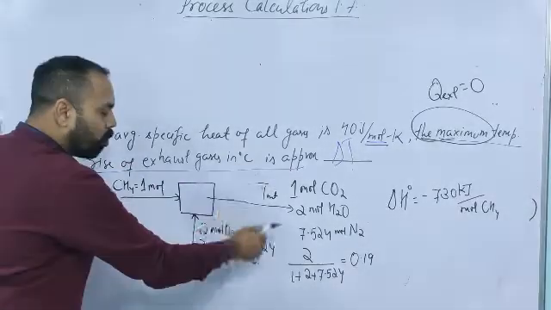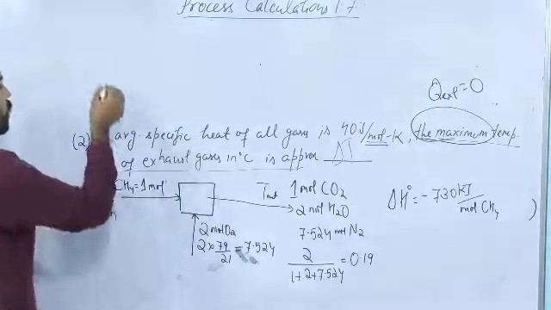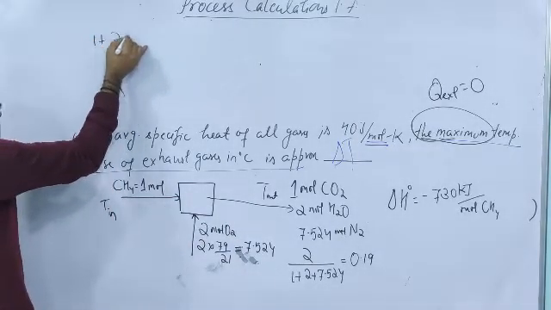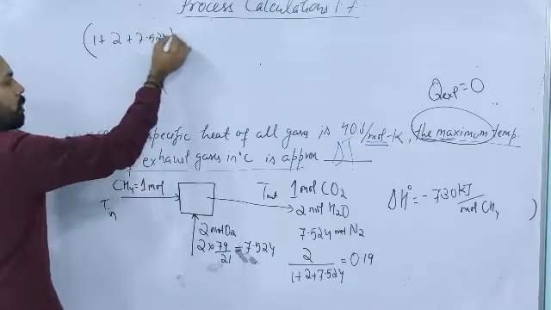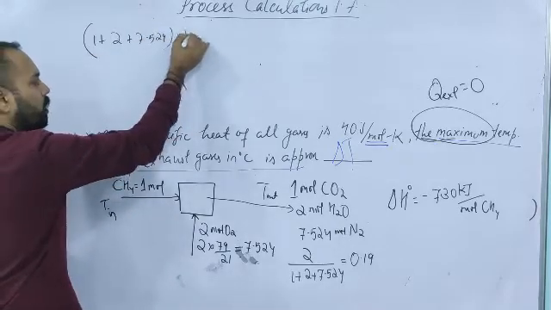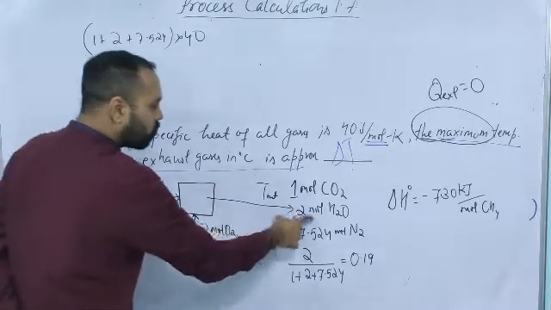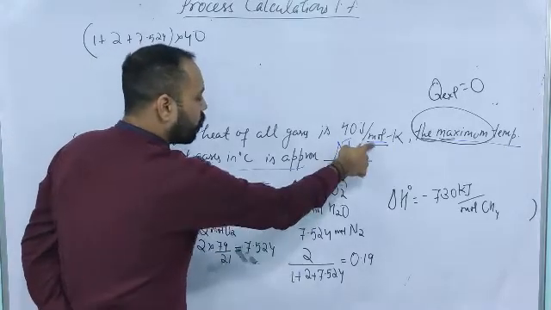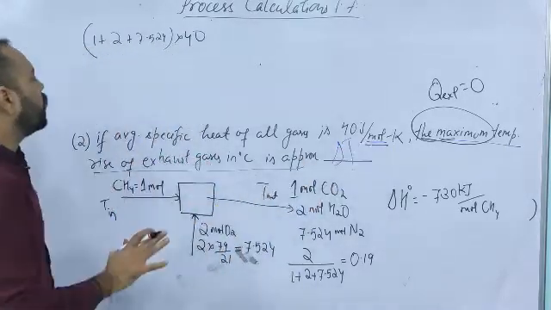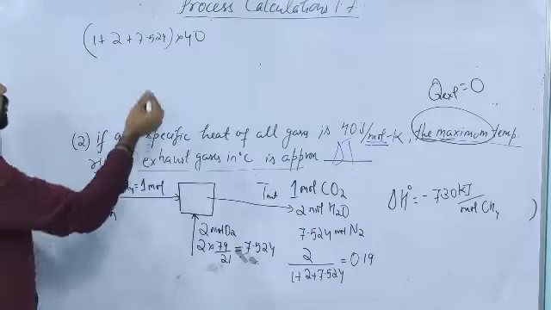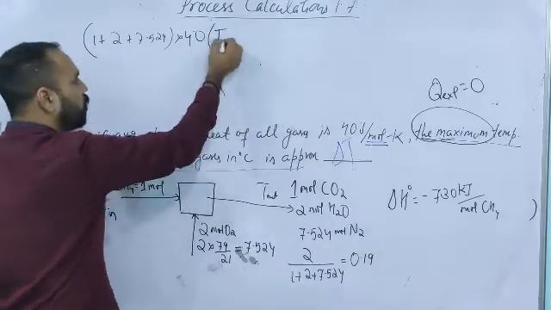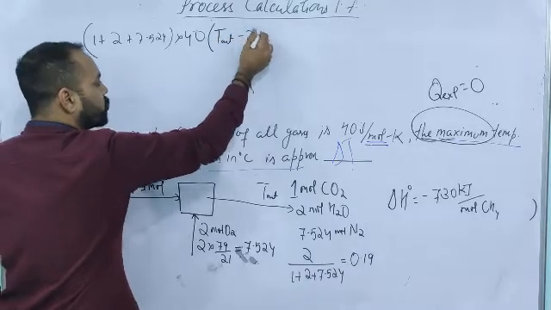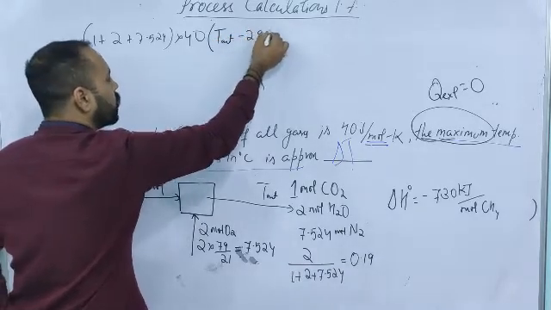But because all the components have the same Cp, I can simply write 1 plus 2 plus 7.524, that is Fi into Cpi, which is 40. Please check the units. This is also mole, right? And Cp is also mole, so there is no problem. That is the enthalpy out. Multiplied by the temperature, that is T out minus the reference temperature, which is 298 Kelvin.